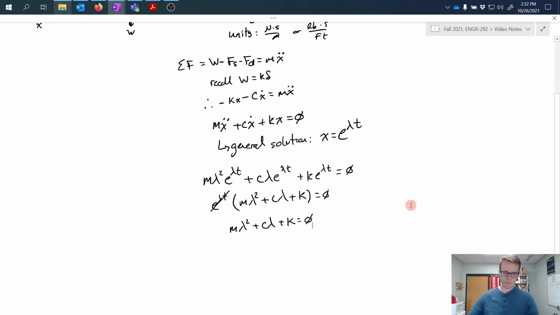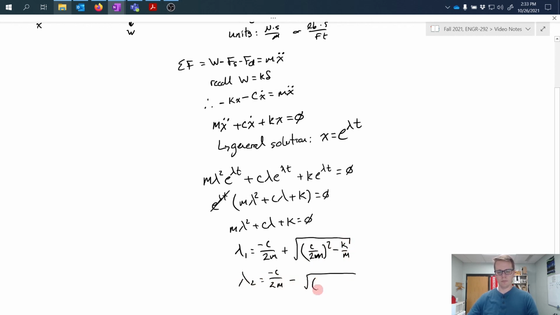If I make use of the quadratic formula, I get two solutions that look like this. So this solution set, lambda 1 and lambda 2, represents the two possible solutions to that second order equation in terms of lambda.